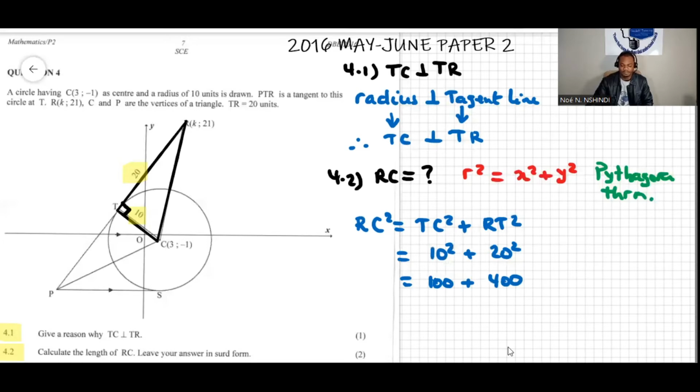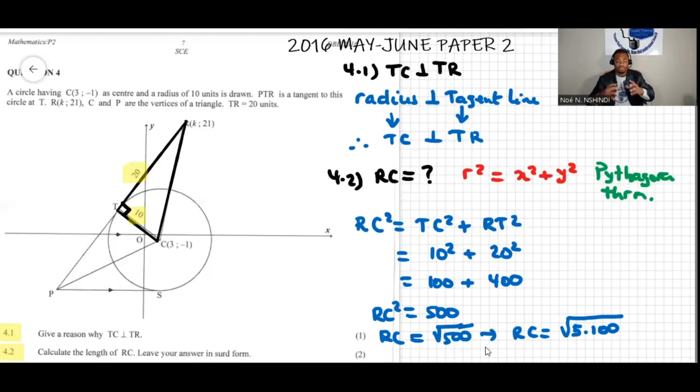And that makes 500. So RC squared is equal to 500. Now RC will be the square root of 500. We can simplify this: it's like having the square root of 5 times 100, that's 500.